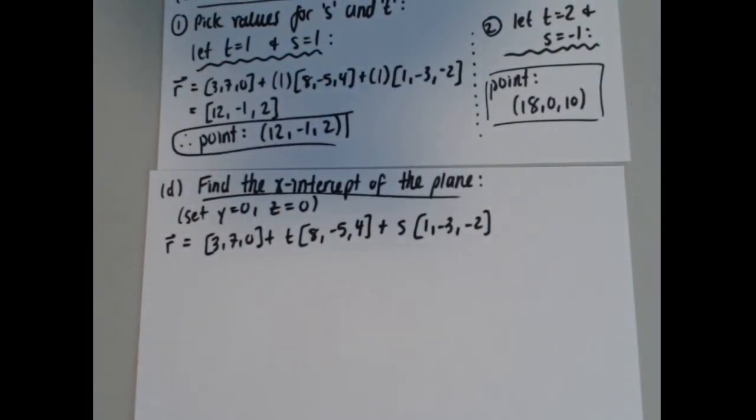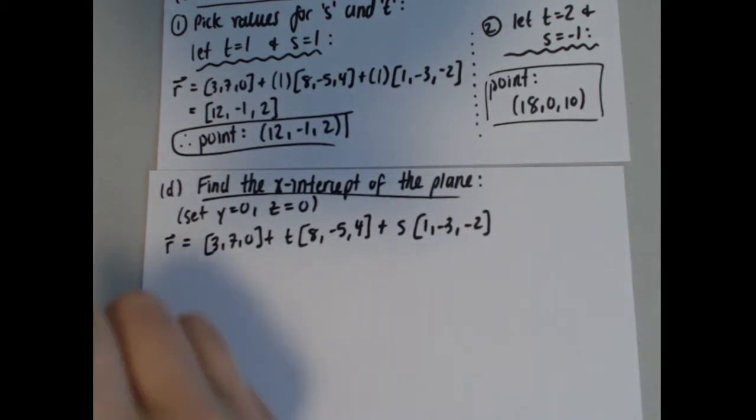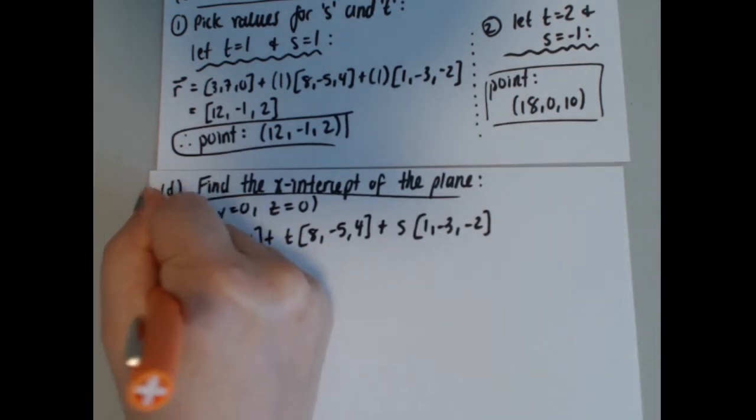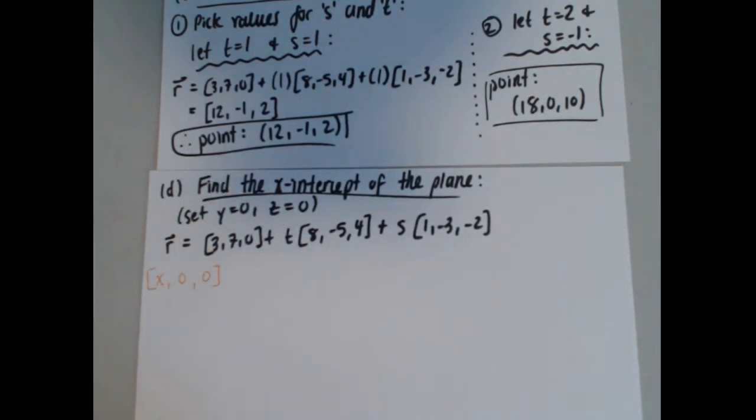So again, I know that the x-intercept has coordinates of 0 and 0 for y and z. So when I replace x, y, z, I'm going to replace it with x, 0, 0, because the point will be (x, 0, 0).